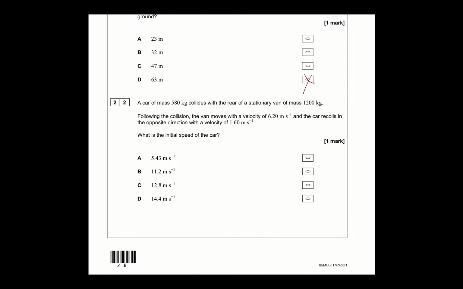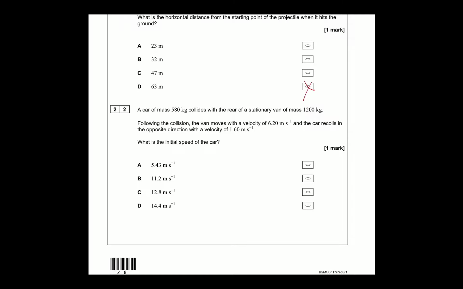Okay, so a car of mass 580 kilograms collides with the rear of a stationary van of mass 1,200 kilograms. Following the collision, the van moves with a velocity of 6.2 meters per second, and the car recoils in the opposite direction. So this is a conservation of momentum.